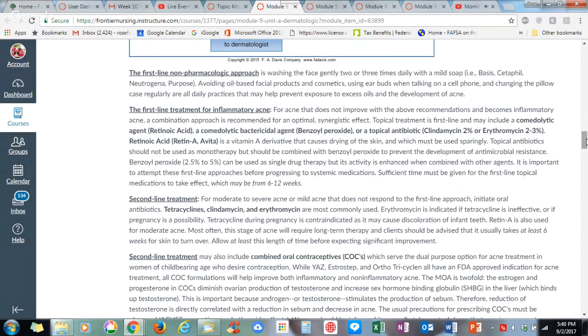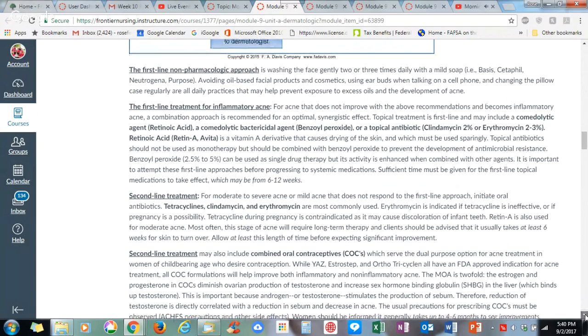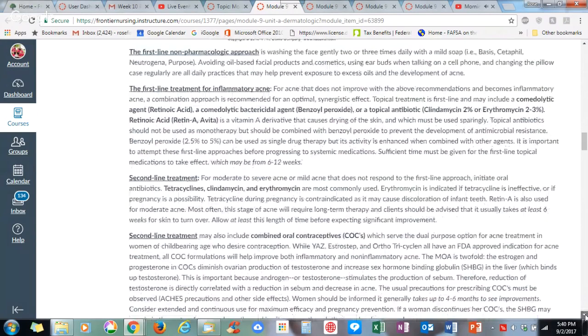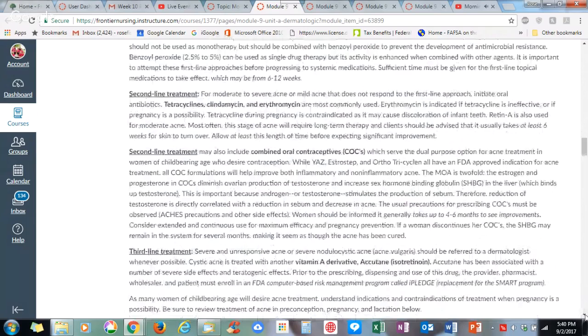While Yaz, Estrostep, and ortho tri-cyclen all have an FDA-approved indication for acne treatment, all combined oral contraceptive formulations will help improve both inflammatory and non-inflammatory acne.